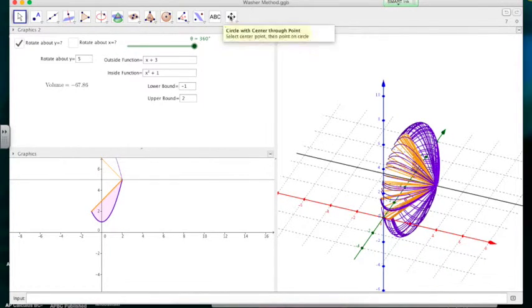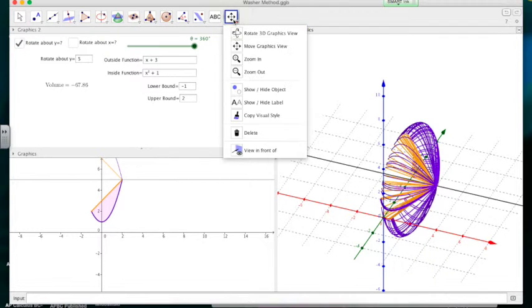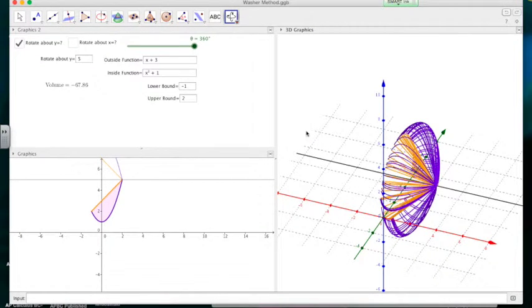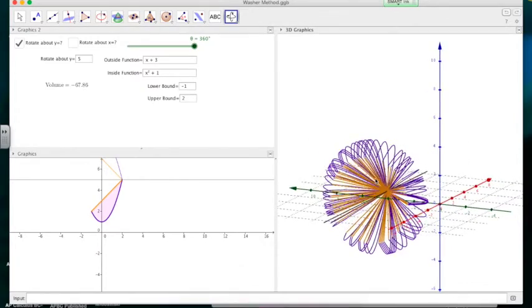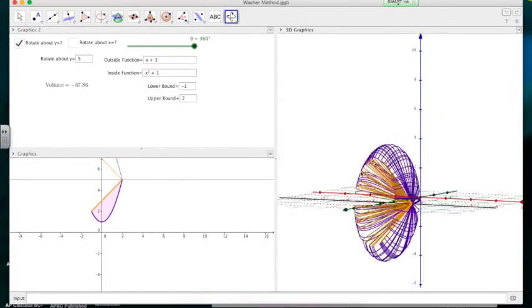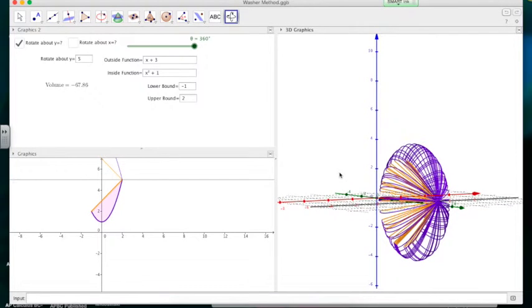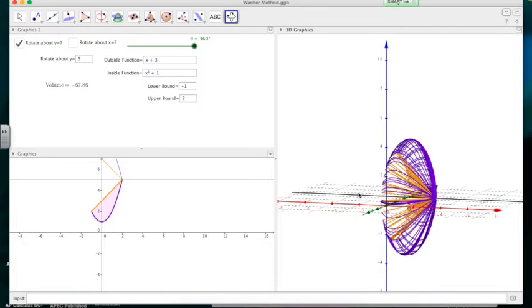So as we look at this shape, we can see that the inside of it looks like the shape of a what? What is that orange shape on the inside? A cone, yeah.